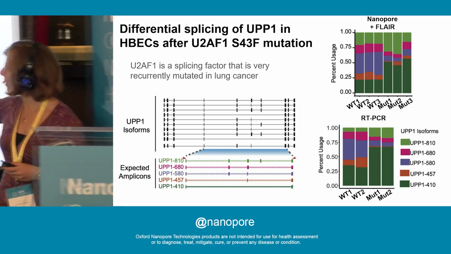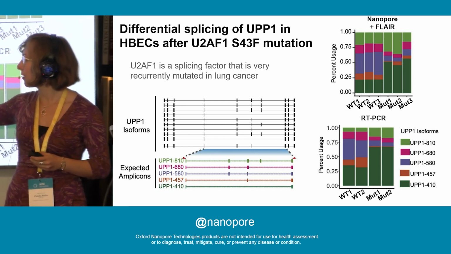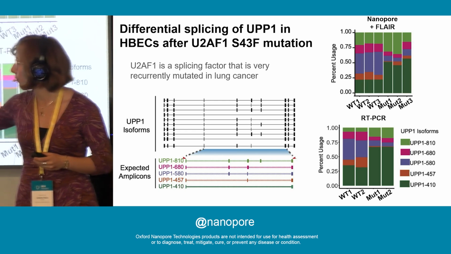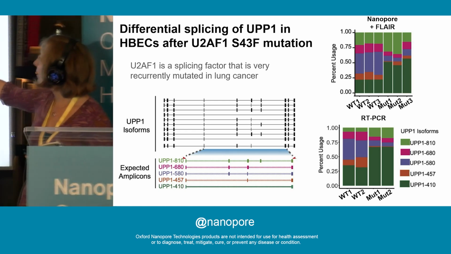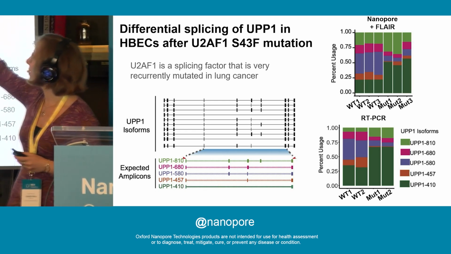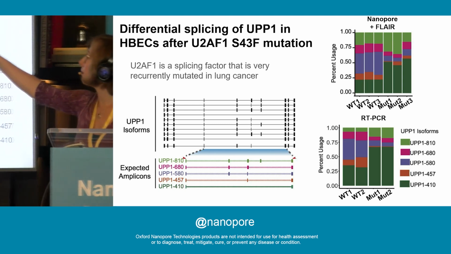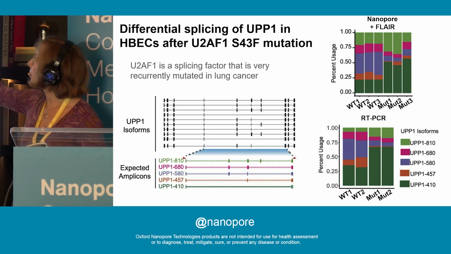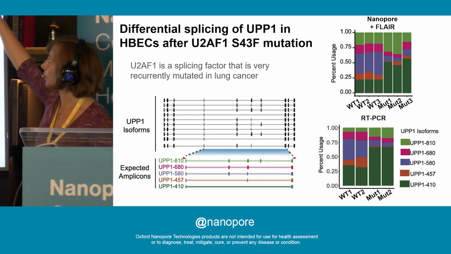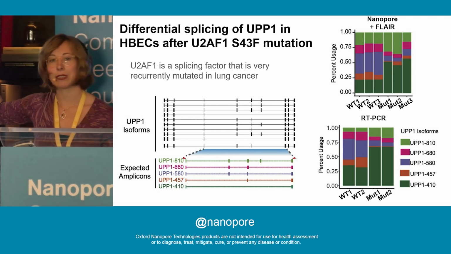And here we see that this gene, UPP1, has many different isoforms, but we're focusing on 5 of them here. In the wild type, we see a pretty even distribution of these 5 isoforms. But in the mutant, we see that these 2 green isoforms have much higher usage.